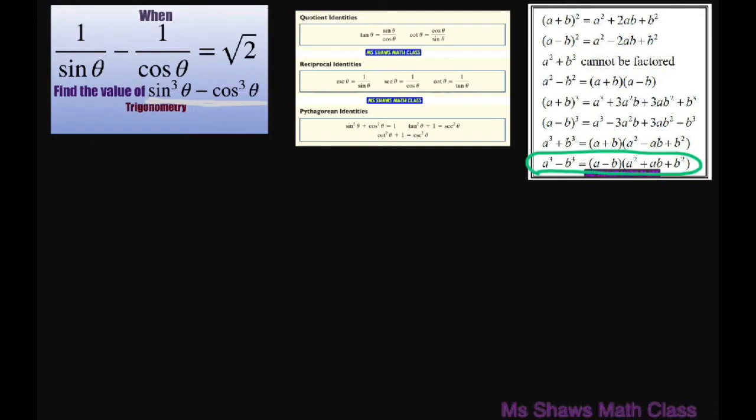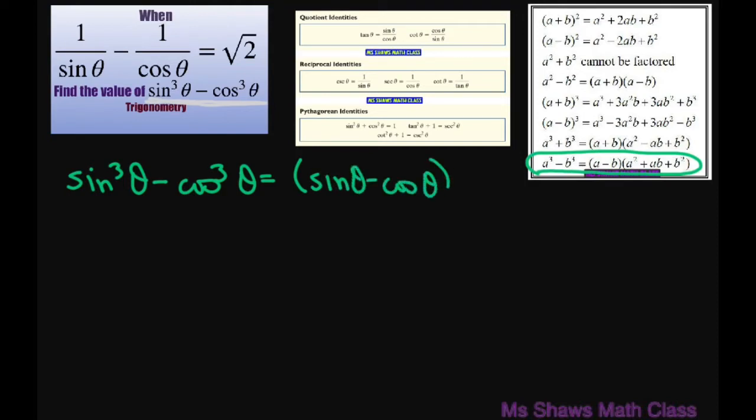So when you expand sine cubed of theta minus cosine cubed of theta, you're going to get sine of theta minus cosine of theta times sine squared of theta plus sine theta cosine theta plus cosine squared of theta.